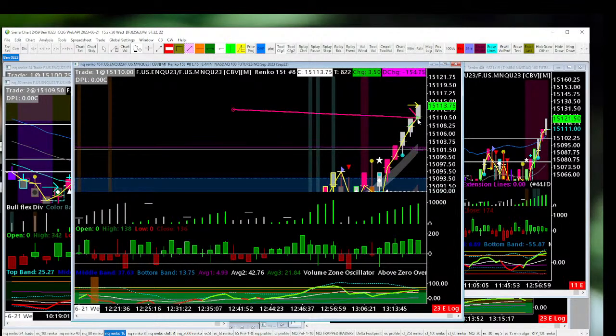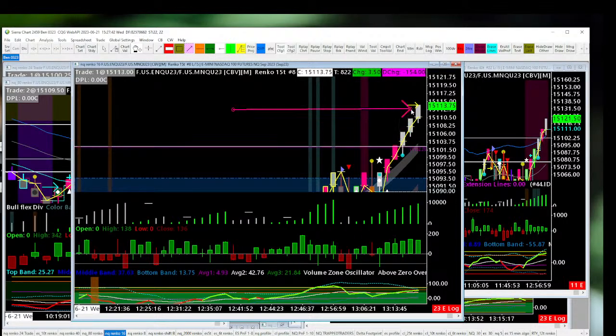We may not get that chance until we run into a bigger seller, or we exhaust on a very small micro time frame. But the expectation should be that that level gets retested.